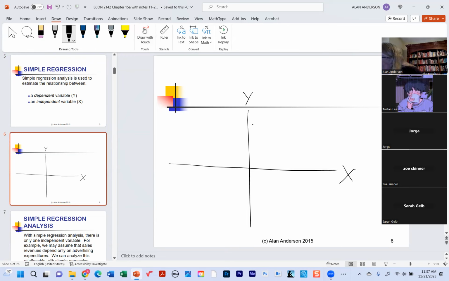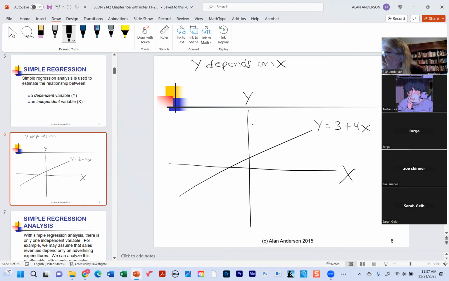Let's say we have the relationship y equals 3 plus 4x. Okay, so you can see that whatever y is, y depends on x. So we say that y is the dependent variable. x is the independent variable.